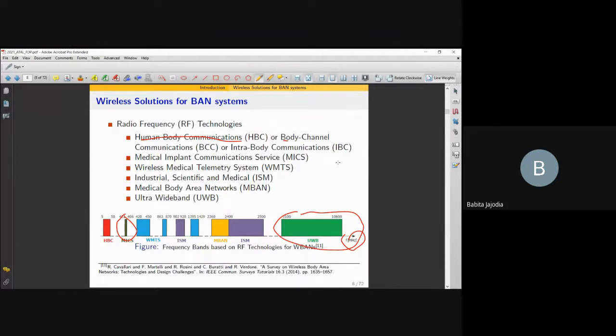So if I'm touching another person and I want to transmit information, my body is being used as a channel. So it's body channel communication, or we can say intra-body communication. Whatever frequency bands I have mentioned on the slides are a standard protocol, given in the paper, a survey on wireless body area networks published in 2014.